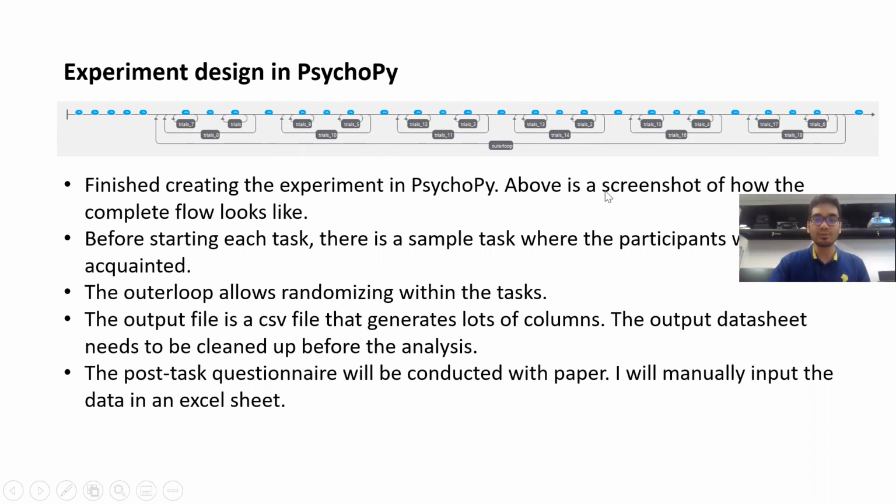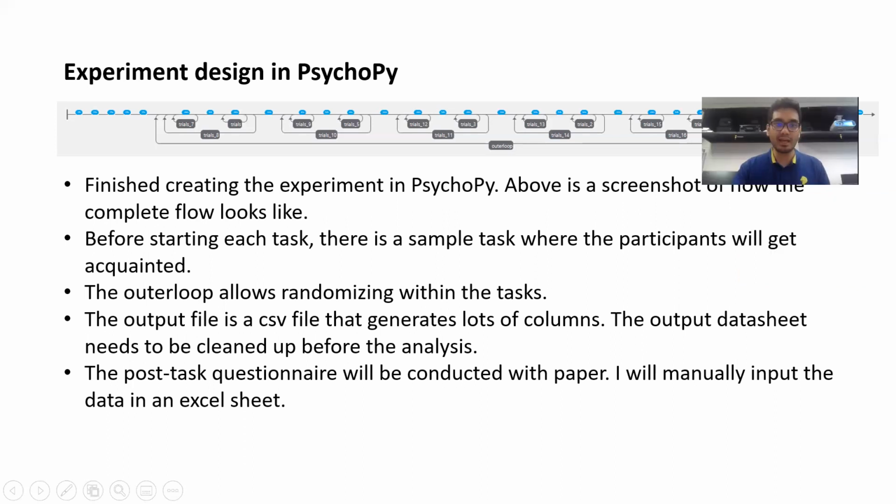The outer loop will randomize among these sets. So if one participant gets one order of experiments in front of them, another participant will have a different order. The orders are randomized.